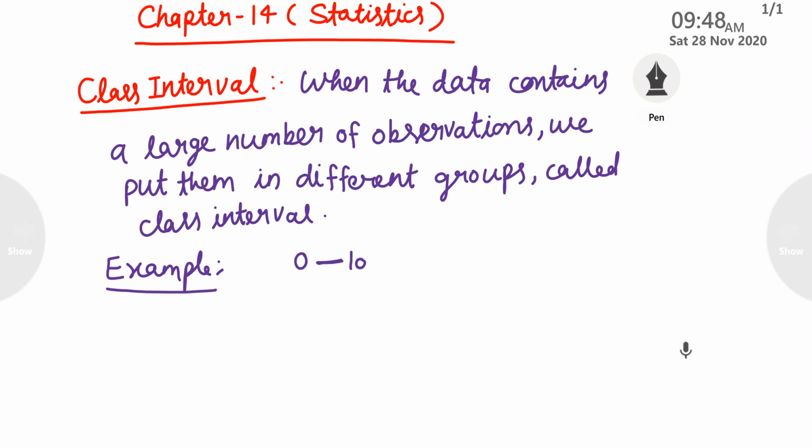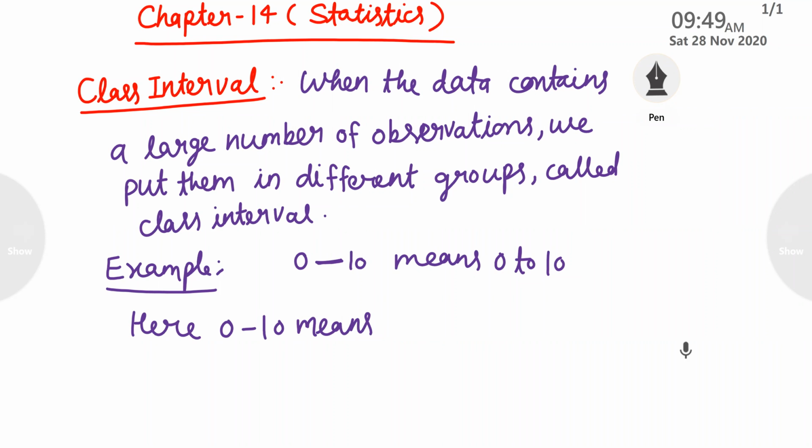Not this is 0 minus 10, 0 to 10. 0 dash 10 means between 0 and 10, including both 0 and 10.